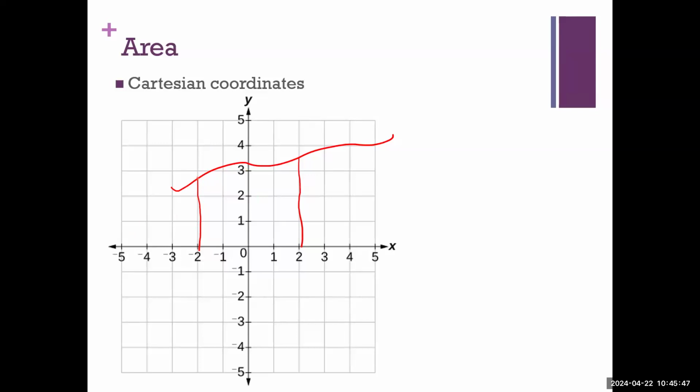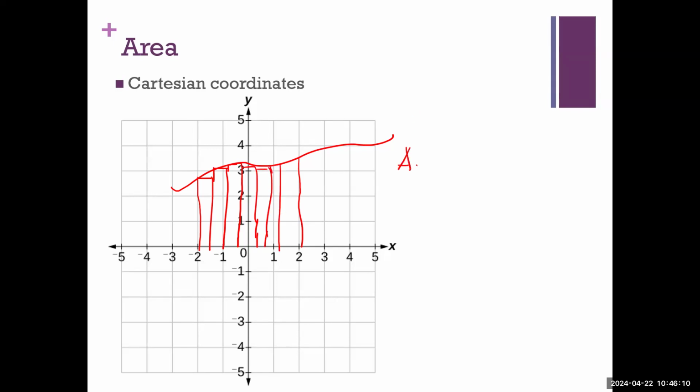Probably talk about Riemann sums first, right? So that was kind of like your first resort here. I don't have a geometric formula for the area of whatever the shape is, but I do know how to find the area of rectangles. So I'm gonna split this thing up into a bunch of rectangles and find those areas.